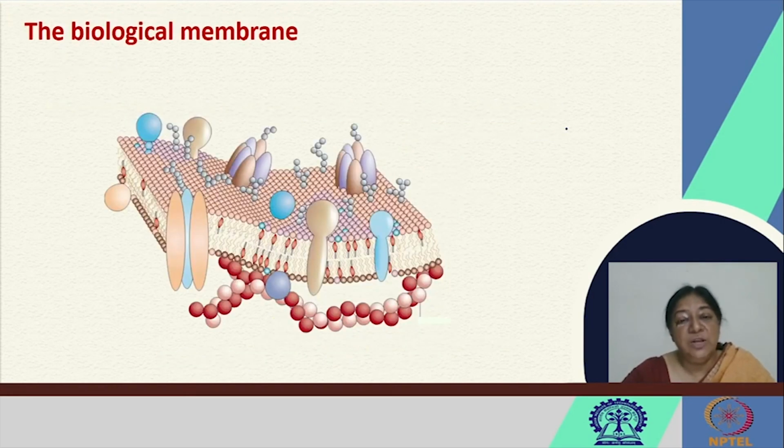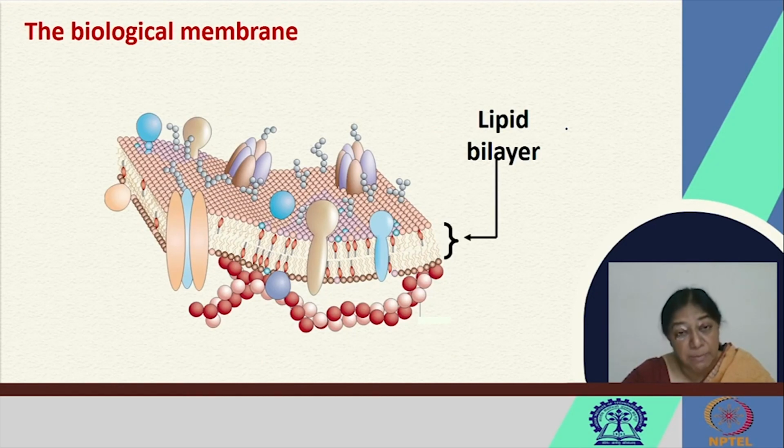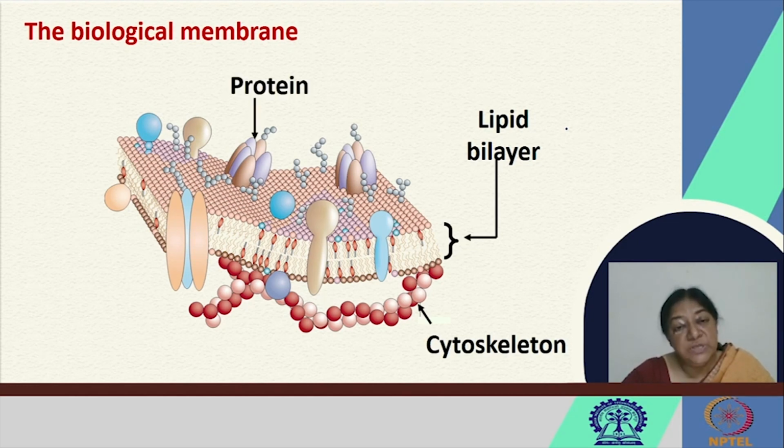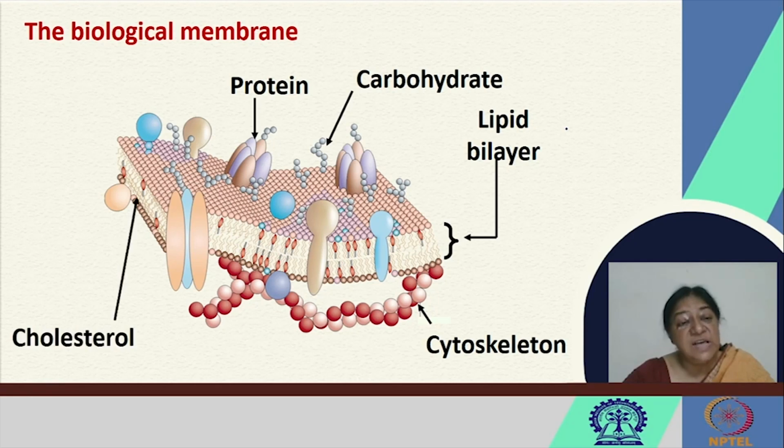So we looked at the biological membrane, we understood the components of the lipid bilayer, the cytoskeleton, the specific proteins involved, the integral type proteins and the peripheral type proteins, and why they would adopt the specific structural components that they are comprised of. We have the carbohydrate attached. We will look, as I mentioned, at the protein carbohydrate interactions, and we have the cholesterol that, due to its presence, maintains fluidity.